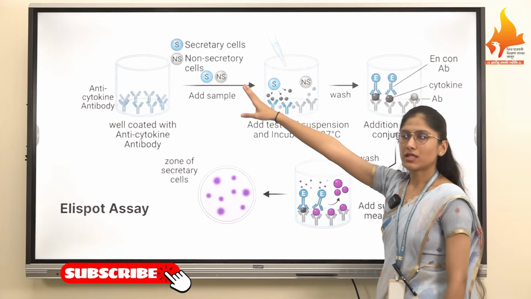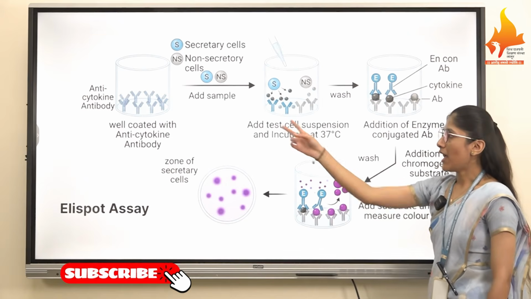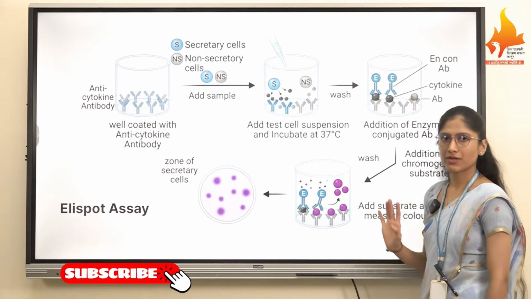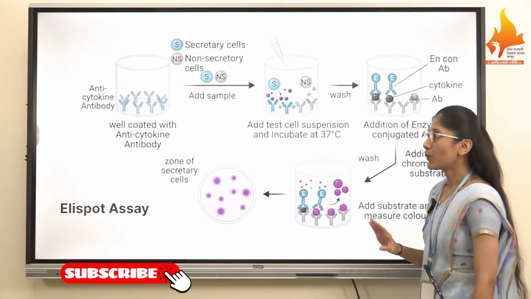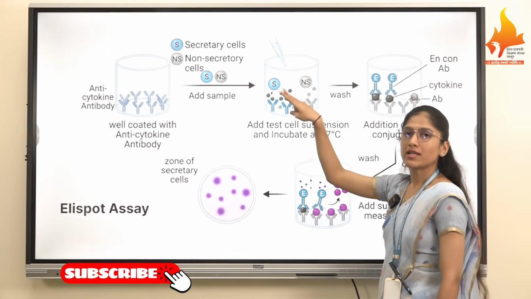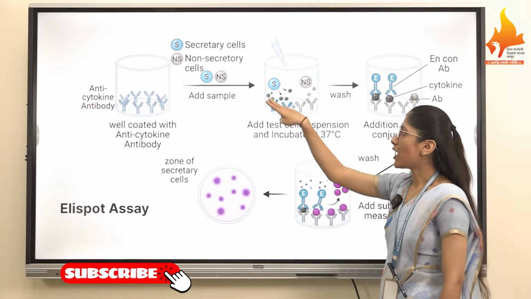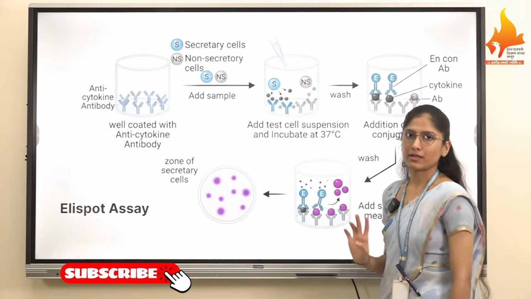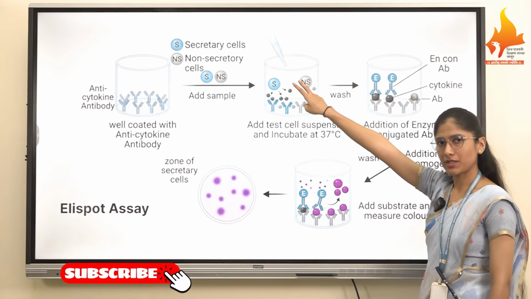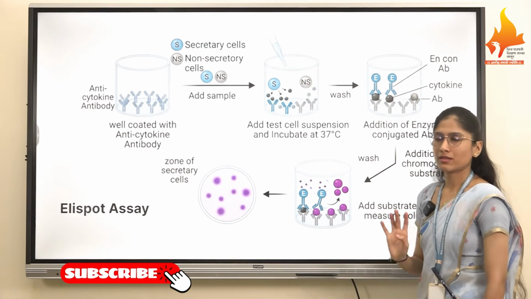Those cells we add in the microtiter well. So add test cell suspension and incubate at 37 degrees Celsius. If the secretory cells are present in that serum sample, then cytokines bind to that antibody. And if non-secretory cells are present, then there are no cytokines.